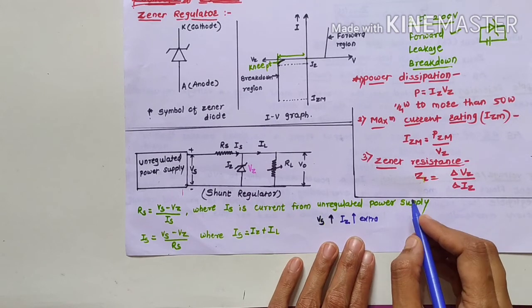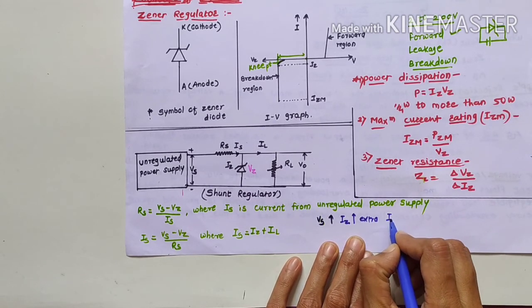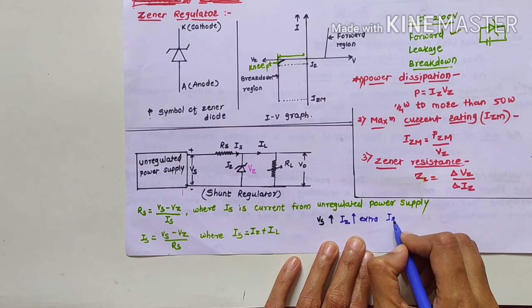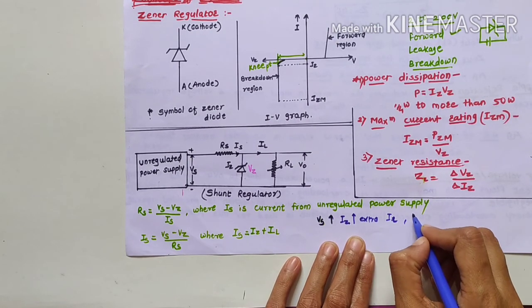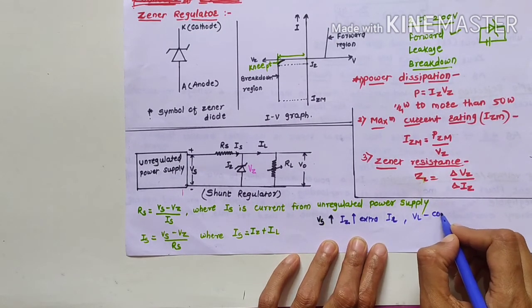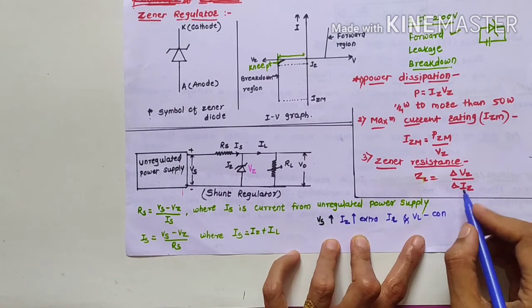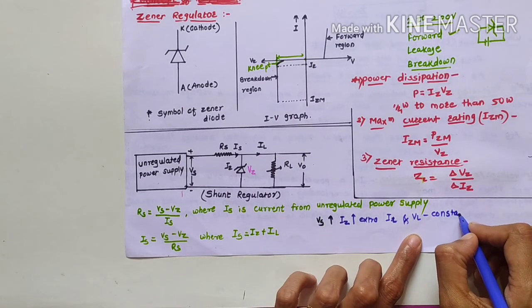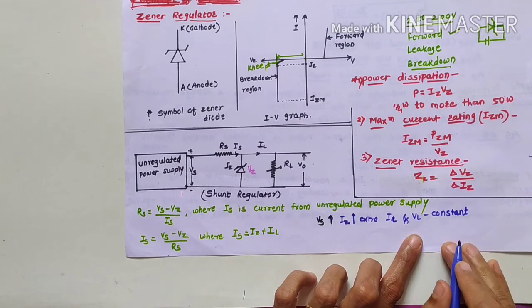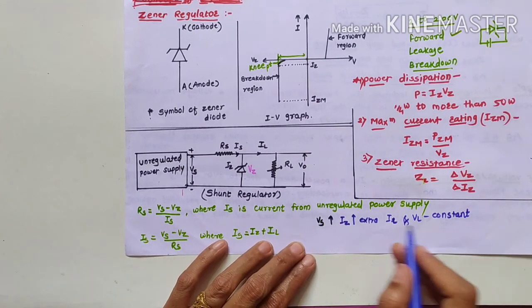Means, as this IL remains constant, VL also remains constant.